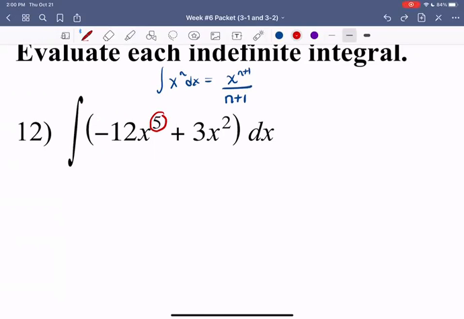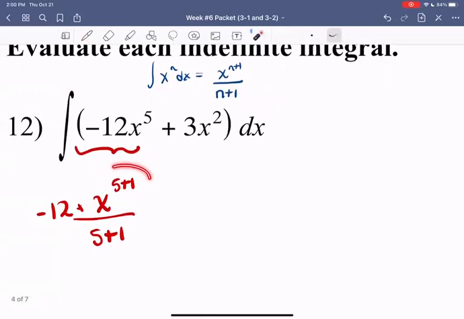For example, the antiderivative of this first term would be x to the 5 plus 1 over 5 plus 1, all times negative 12. We're just using that rule and then multiplying by negative 12. So multiplying by a constant just multiplies our antiderivative by a constant.